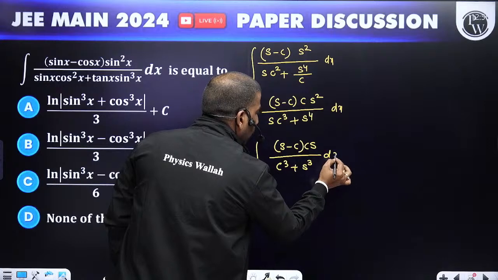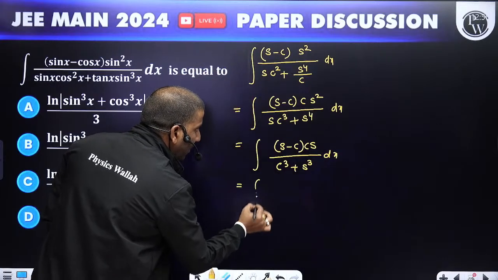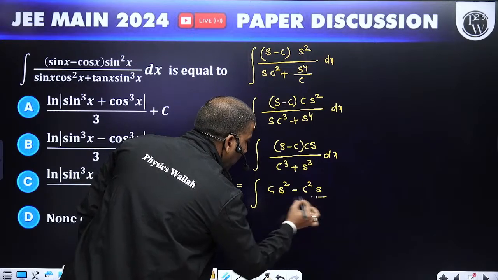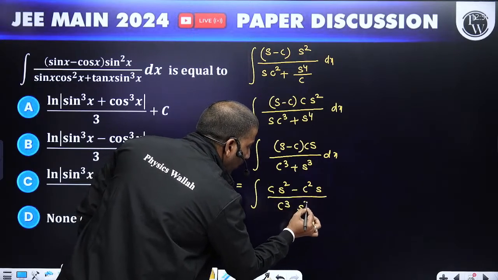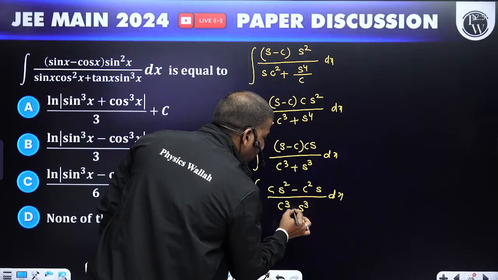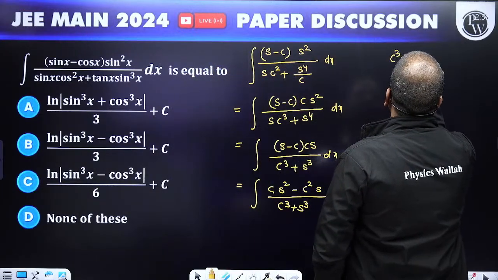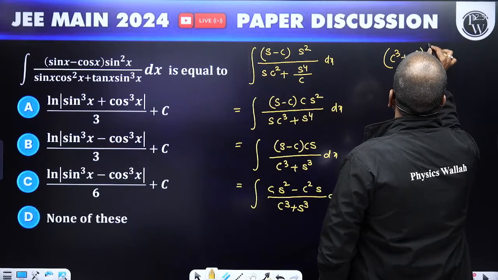If you write it separately for your convenience, cs square minus c square s by c cube plus s cube. Agree? Observe the derivative of c cube plus s cube.